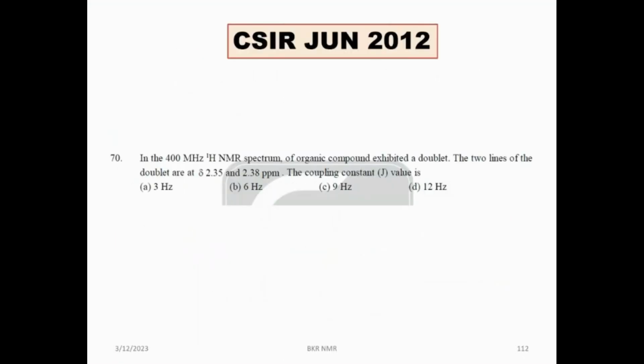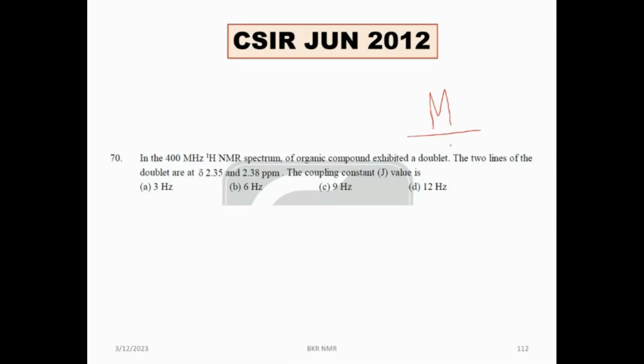Okay, let me take the first problem. In the 400 megahertz proton NMR spectrum of an organic compound, it exhibited a doublet. The two lines of the doublet are at 2.35 and 2.38 ppm. The doublet is like this.